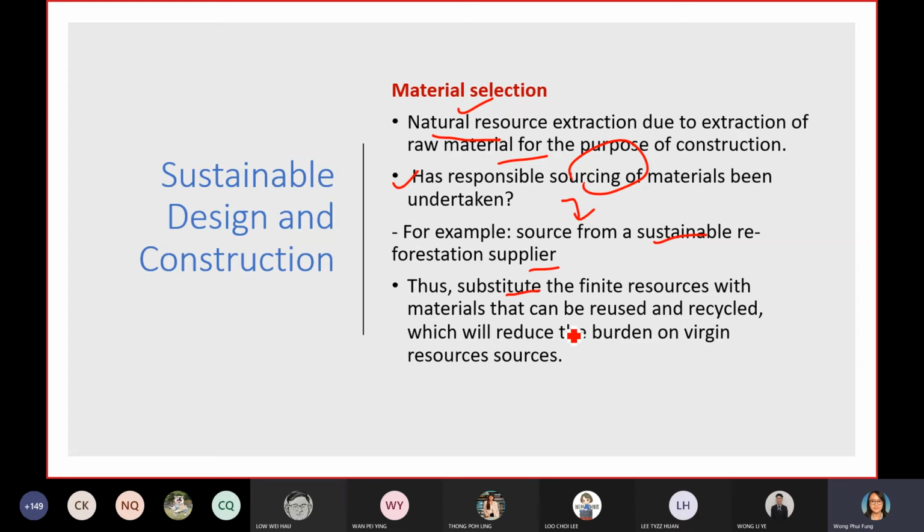And thus substitute the finite resources with material that can be reused and recycled, which will reduce the burden on virgin resources. As I mentioned just now, if we can reduce the timber or recycle the timber, eventually it cuts down the burden, it slows down the virgin resource extraction. That is one of the benefits of recycling and reuse.